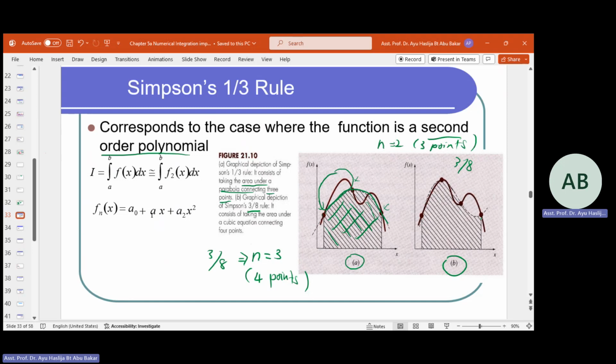It needs a minimum of 4 data points. It takes the, not parabolic, cubic equation connecting 4 points. So you can see the area under the curve covered by 3/8 and 1/3 are different.